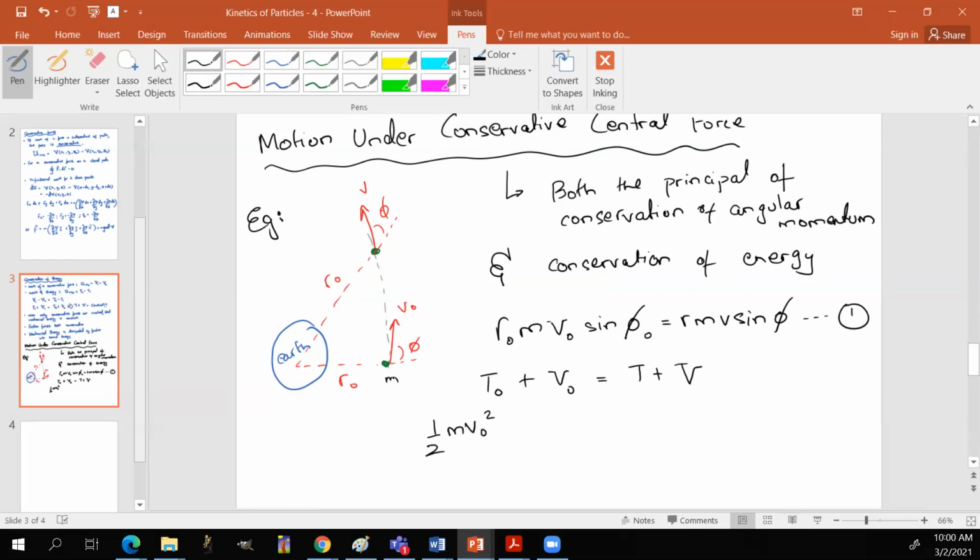So this is the mass m, that's the mass m, like that, right? Minus, remember, potential energy between two bodies is always negative. Don't listen to physicists. All right, it's minus G M m over r naught, like that. This is equal to 1/2 m v squared minus G M m over r.